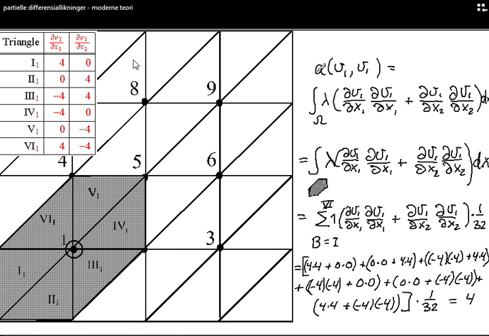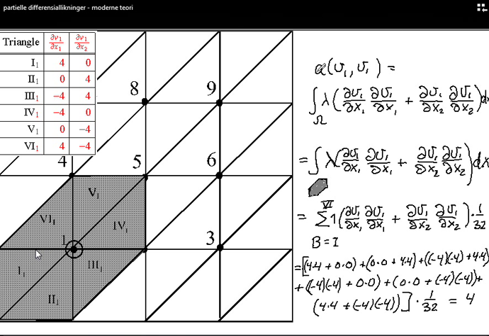So by using this table, we are able to calculate the pairing of V1 with V1 in the following way. We have this integral, and we are going to compute it all over this shaded area, the supported area of V1, and we split this integral into several integrals.